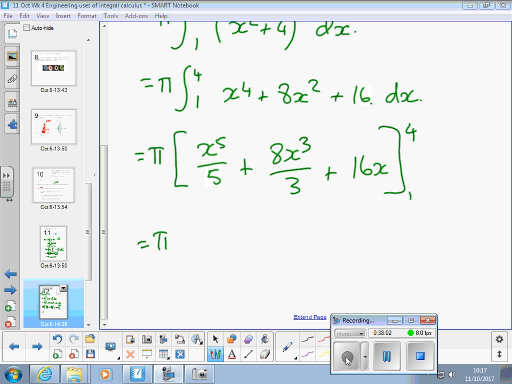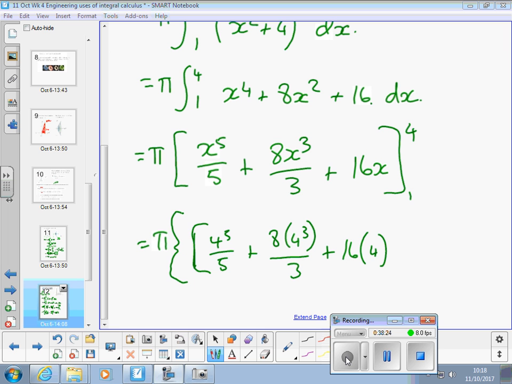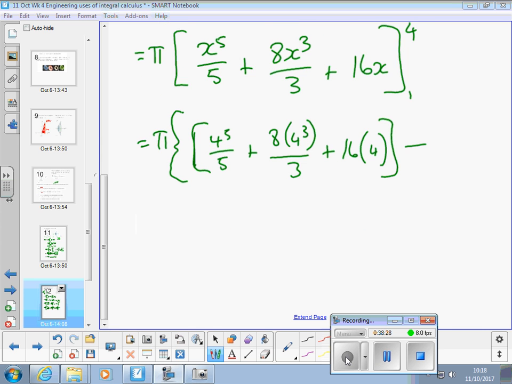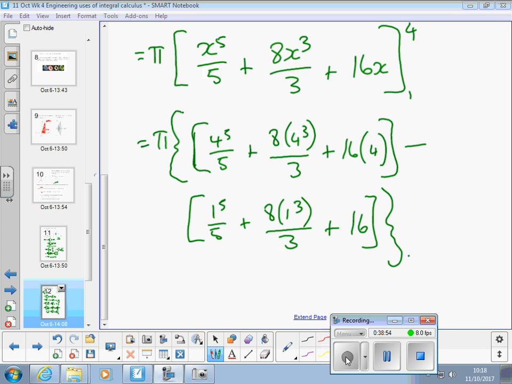So it's pi times 4 to the 5 over 5 plus 8 times 4 cubed over 3 plus 16 times 4, take away, I have to put it underneath, 1 to the 5 over 5 plus 8 times 1 cubed over 3 plus 16. Close brackets.